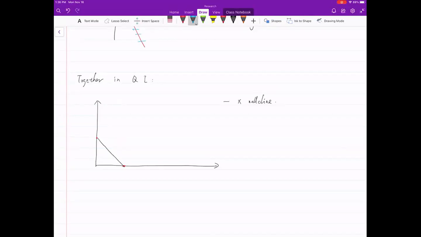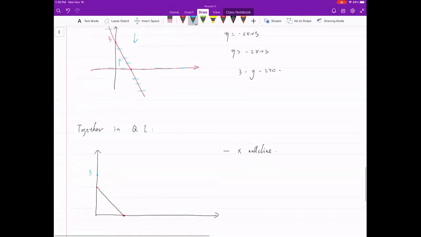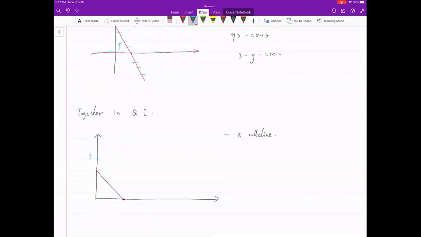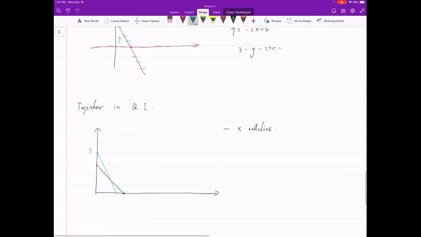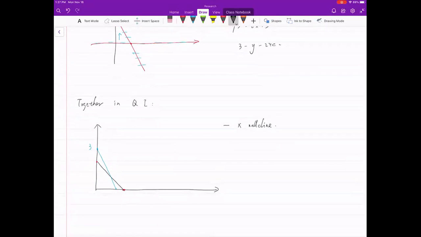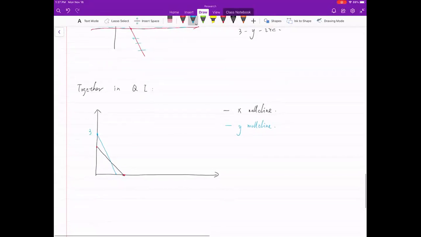That is going to be at 3, and 2 over 3, 1.5. Moreover, this one should be blue. Okay. This one should be red.